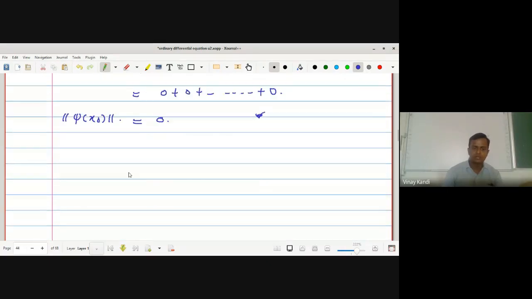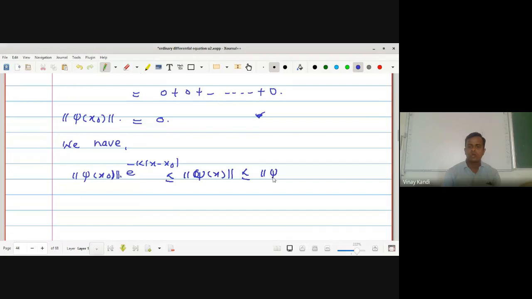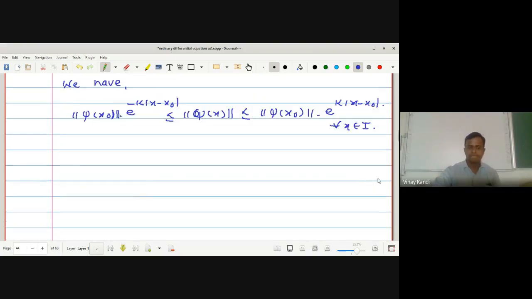Okay, but we know that we have norm of psi of x naught into e raised to minus k into mod of x minus x naught, which is less than or equal to norm of psi of x, which is less than or equal to norm of psi of x naught into e raised to k into mod of x minus x naught for all x belongs to I. Which implies, this is 0, 0 into e raised to k into x, and 0 into something is 0.